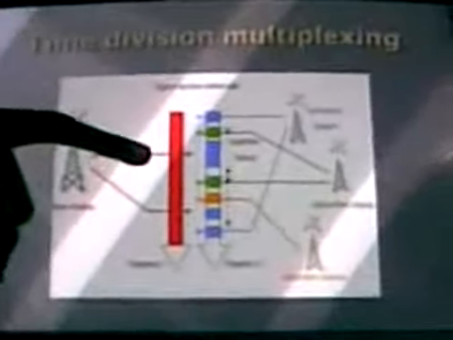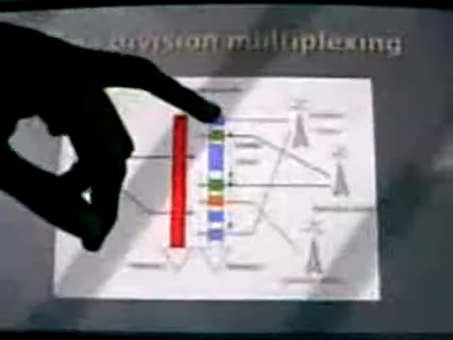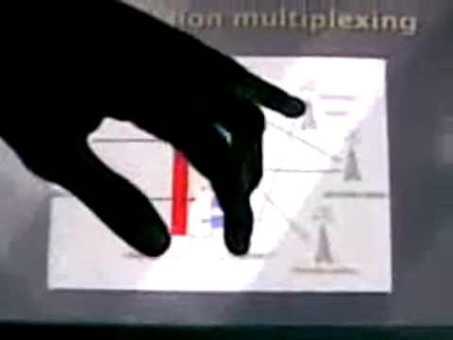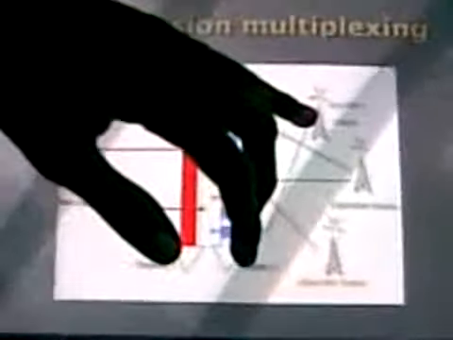This is the time division duplexing, in which the base tower sends information at one particular frequency, and this frequency is divided into different time slots as shown, and each time the receiver station sends the information at the different time slots depending upon the frequency.